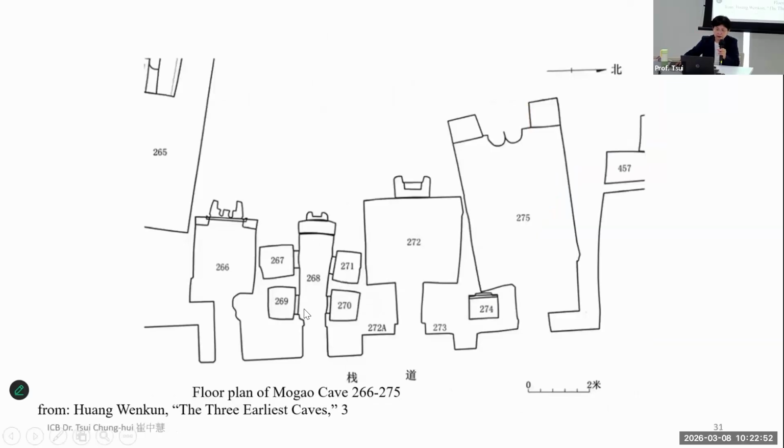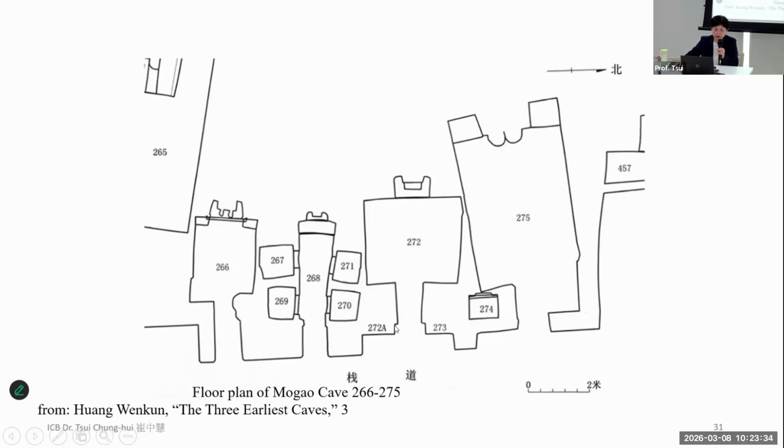And this is the earliest cave, 268. You can see in Dunhuang Academy, they also put numbers on the 4 small meditation cells. Each has a number: 267, 269, 271, 270. So there are a total of 5 numbers for the group of cave 268. And we also have caves belonging to the Northern Liang, 272 and 275.